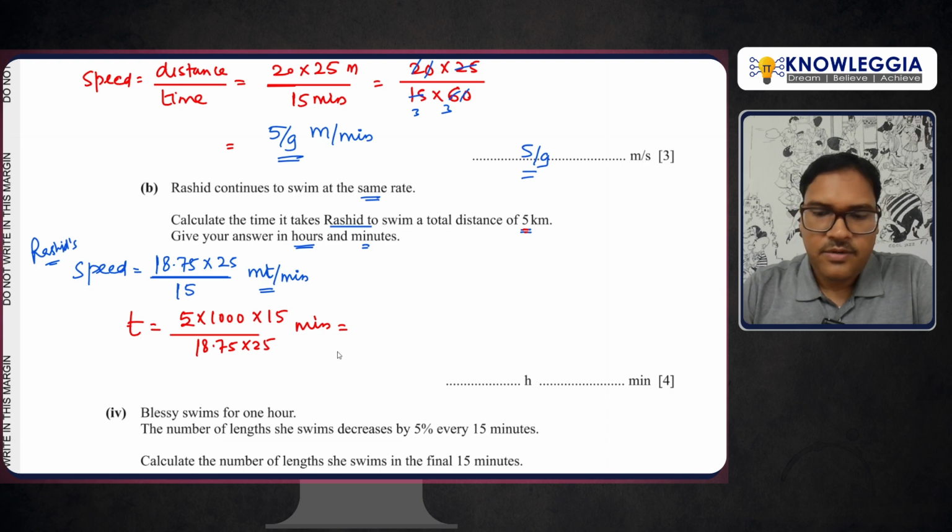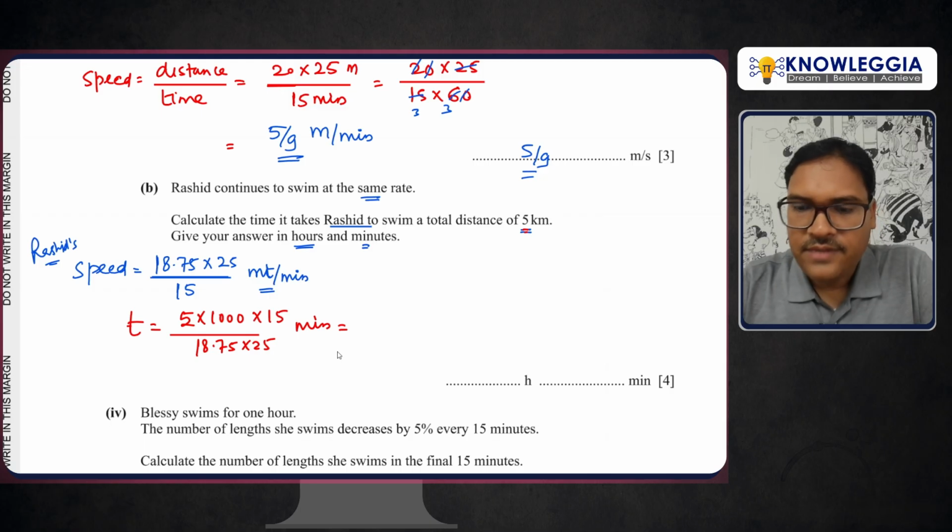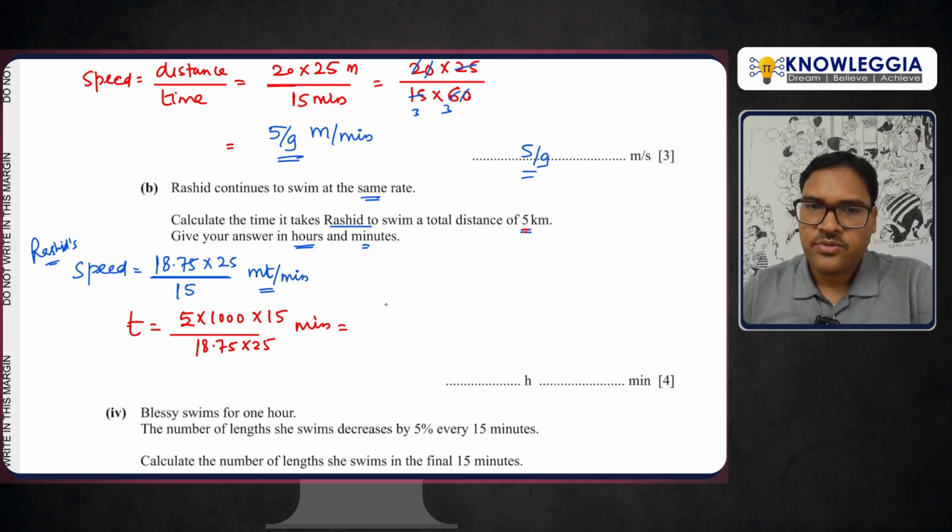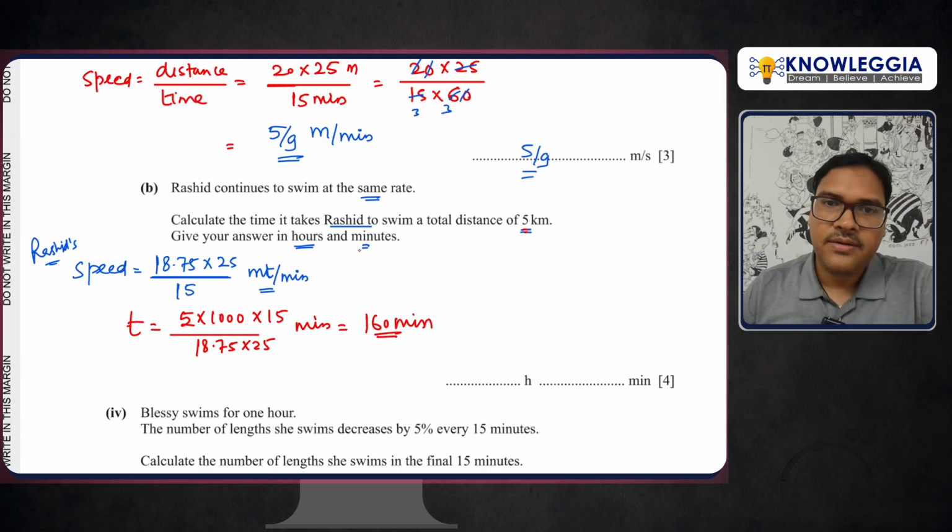Okay, I forgot to divide by 25. So this is actually 160 minutes. Now 160 minutes I can convert into hours and minutes.